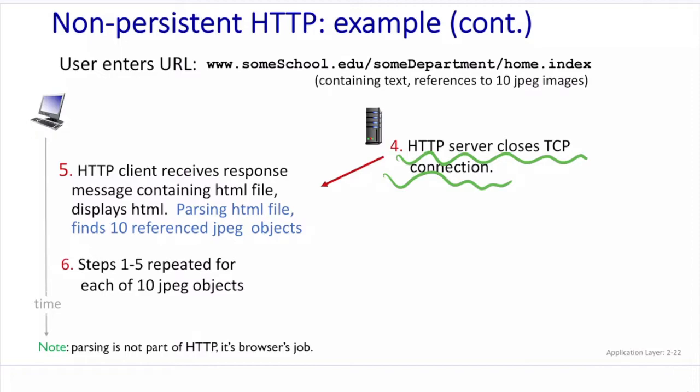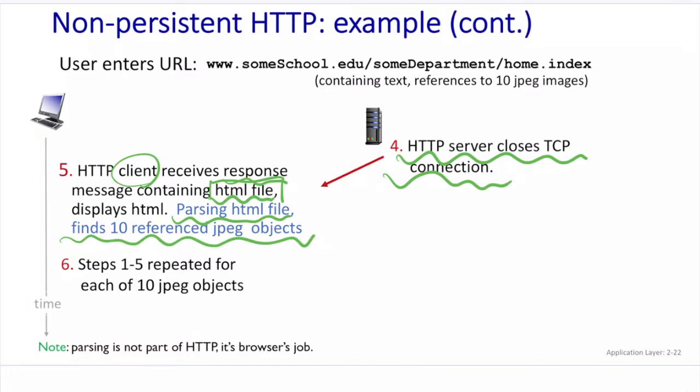Sorry, it should be an HTML file, right? After parsing the HTML file, there might be 10 extra referenced JPEG objects that should be downloaded from the server.